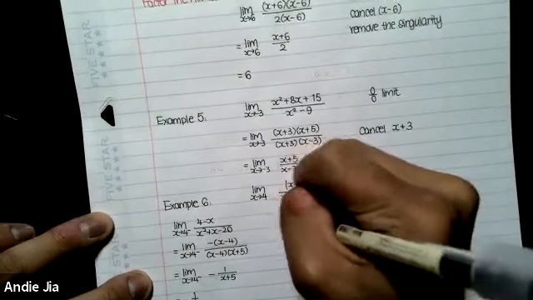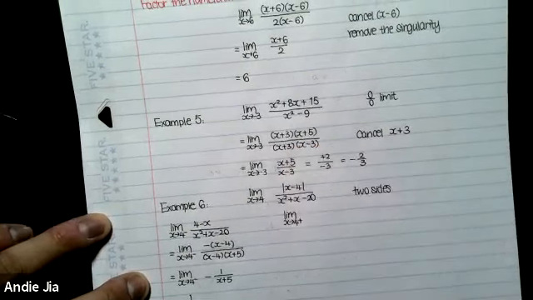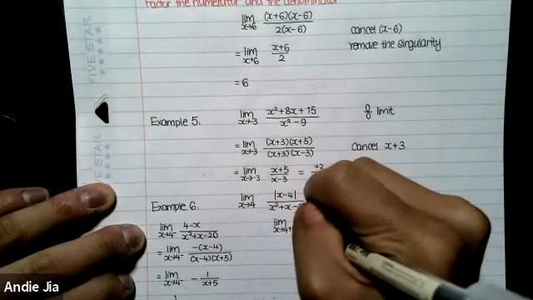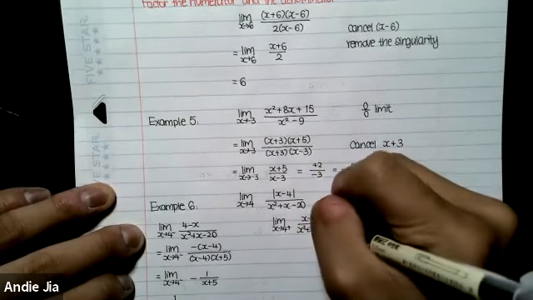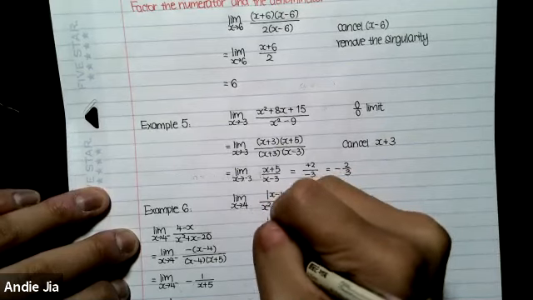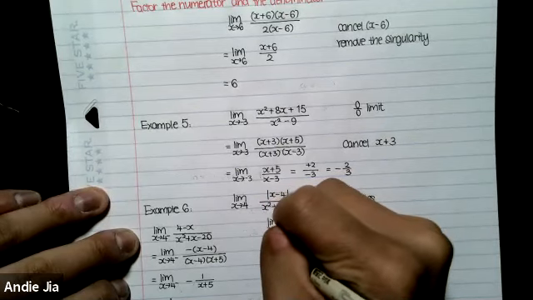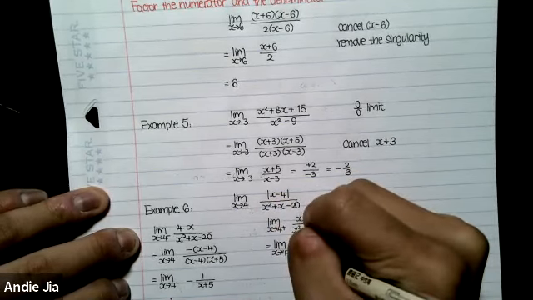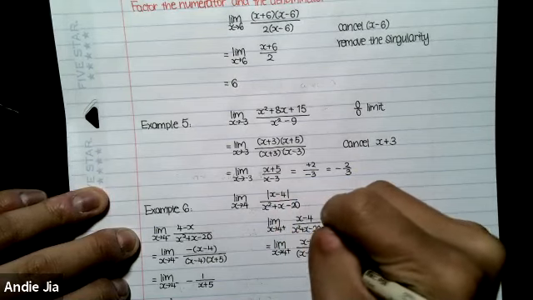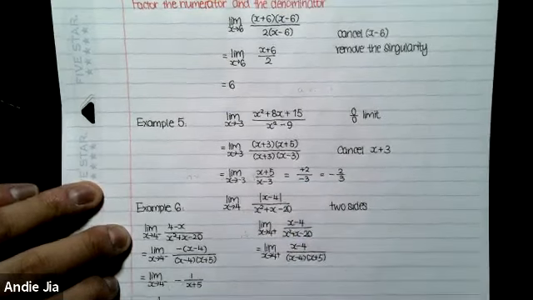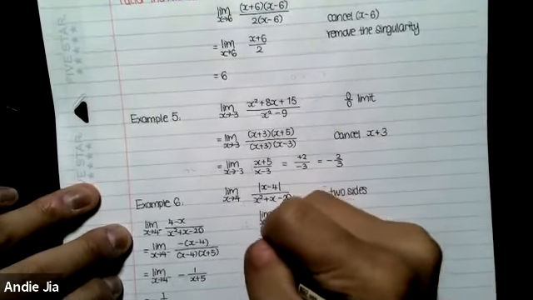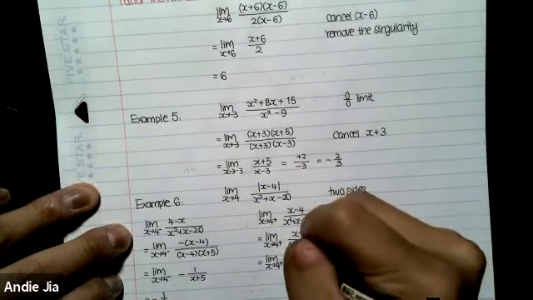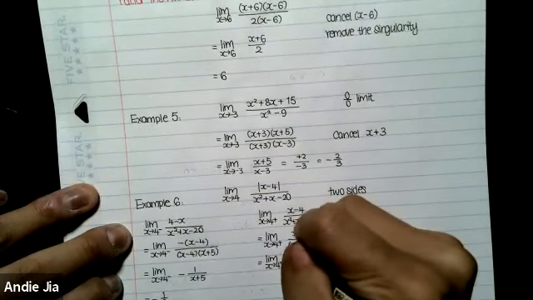And the right side, x minus 4 over x squared plus x minus 20 is equal to, we factor them, x minus 4 over (x minus 4)(x plus 5). The limit as x approaches 4 from the right side is 1 over x plus 5.